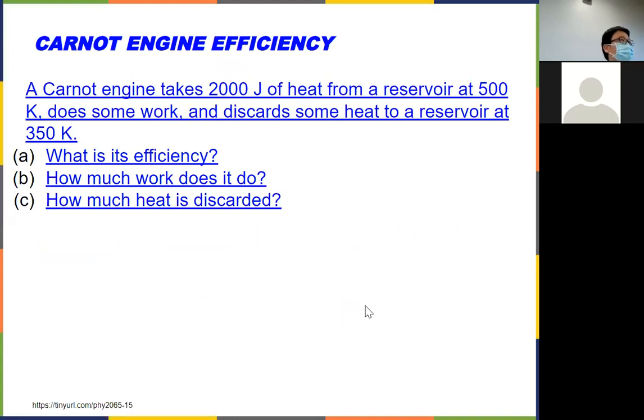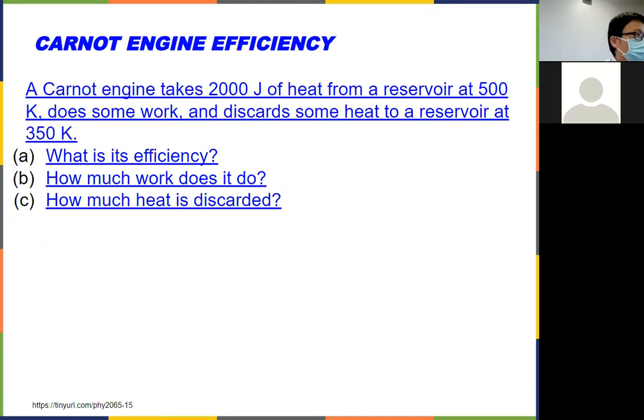All right, so let's take a look at the first example here on a Carnot engine. It says a Carnot engine takes 2,000 joules of heat from a reservoir at 500 K and does some work and discards some heat to a reservoir at 350 K. What's its efficiency? How much work does it do?